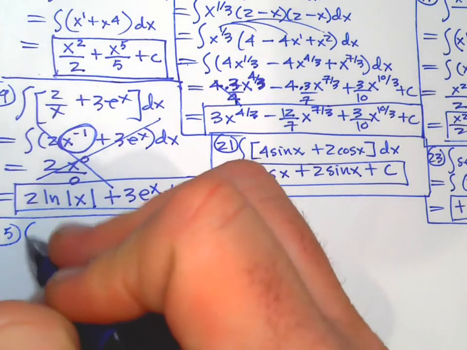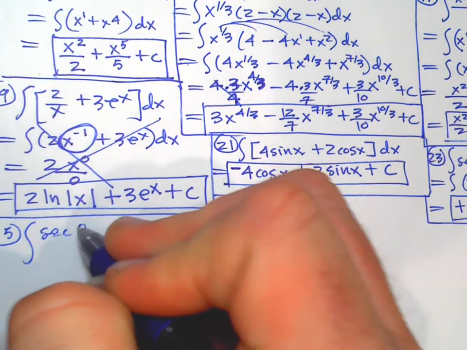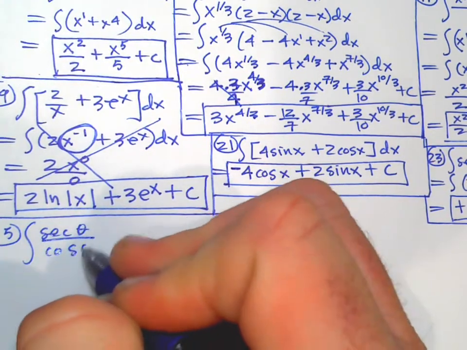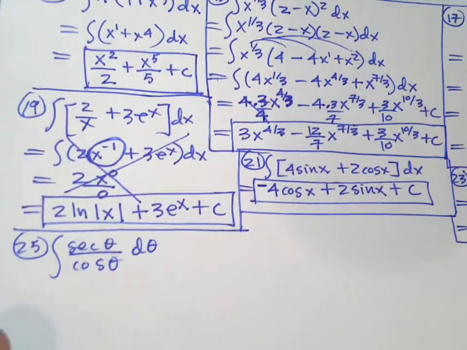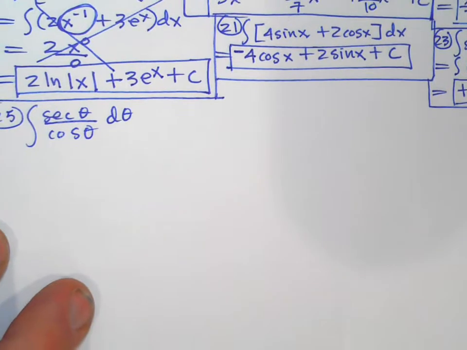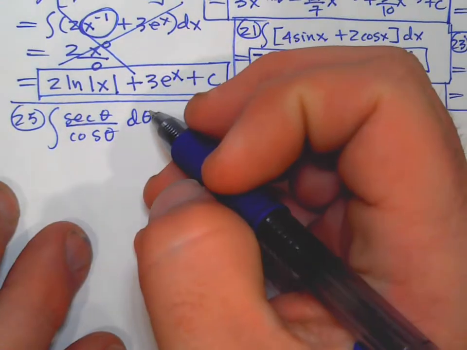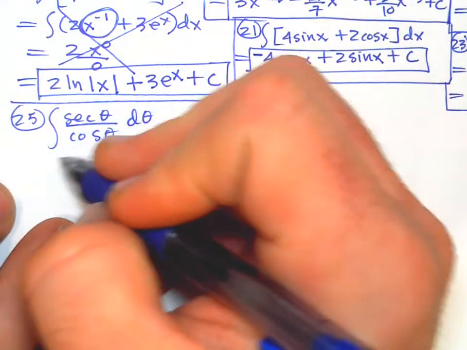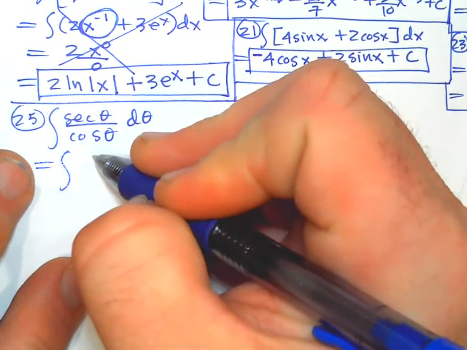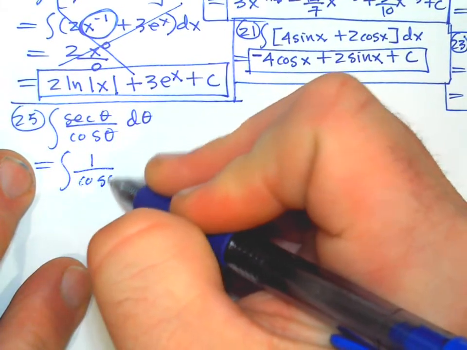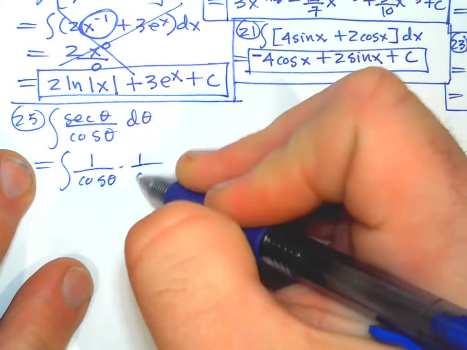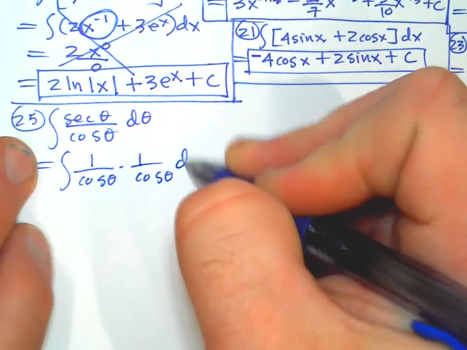25 is the integral of secant theta over cosine theta d theta. Now, I don't really know how we're going to do this. Division, we haven't done a reverse quotient rule yet. So maybe we should consider rewriting these. Secant is 1 over cosine, right? And then we already have 1 over cosine, right?